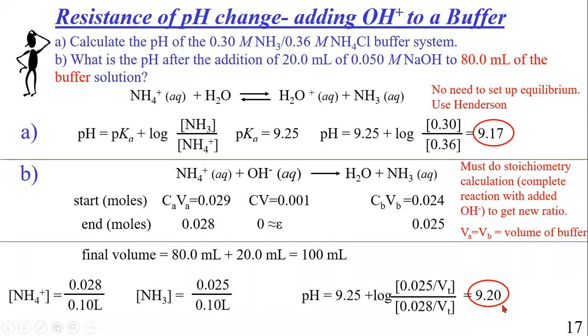And therefore, indeed, my pH is more or less the same. It hasn't changed much. I mean, imagine adding this OH minus concentration with volume to simple water. Your pH would be much higher than this. Okay? Great.